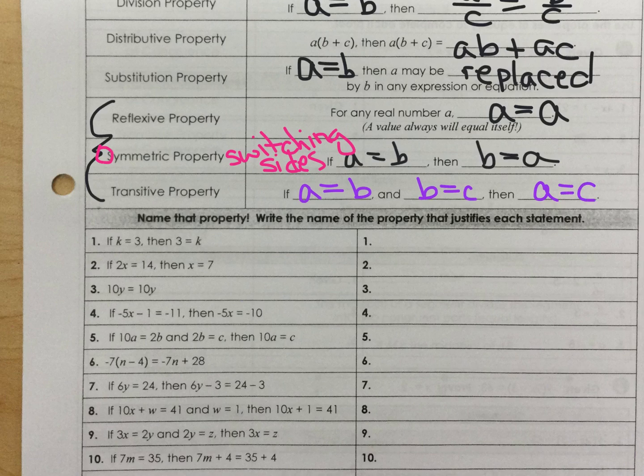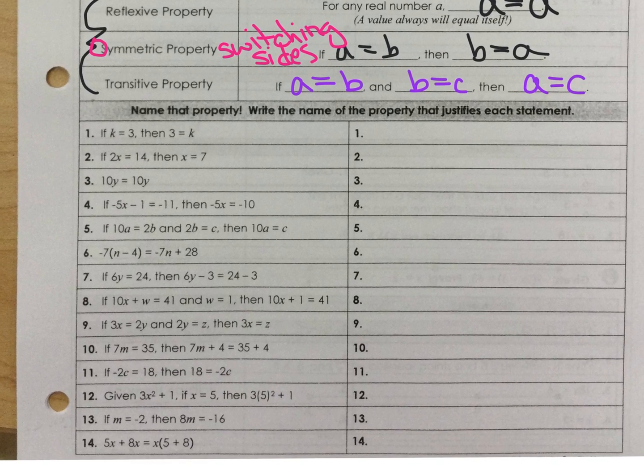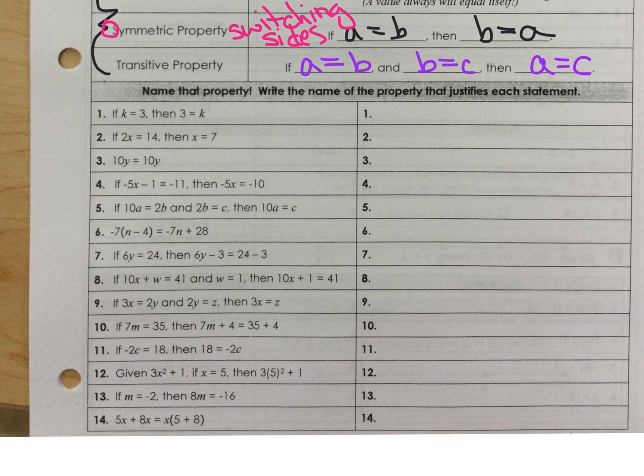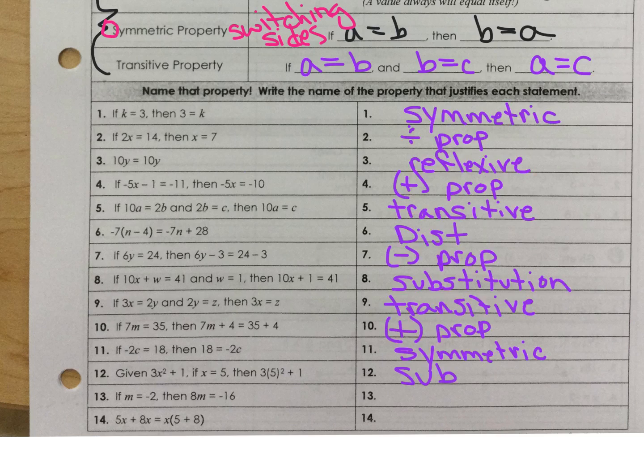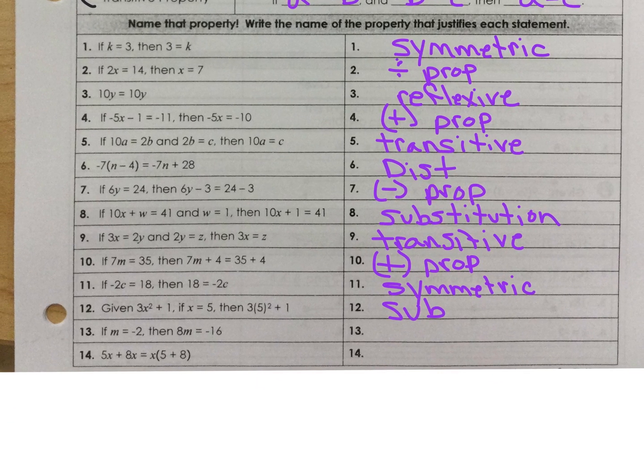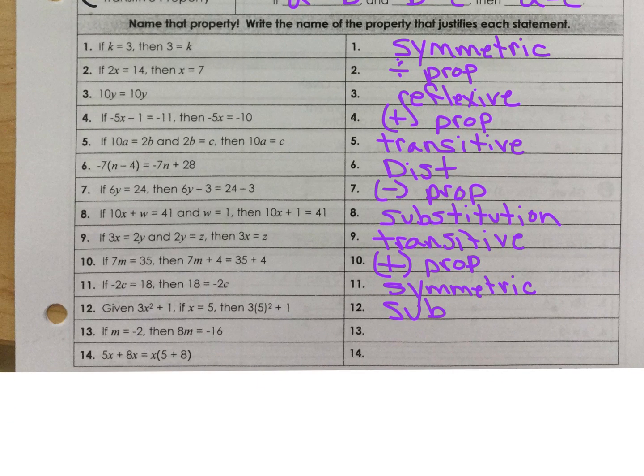Okay? All right. So I want you to try these, see what you get, and then come back and check your answers. All right, so how are you doing so far? What you gotta think about is what changes from side to side, okay?